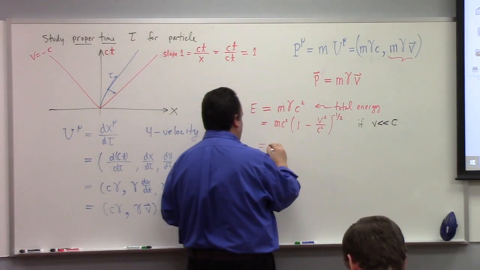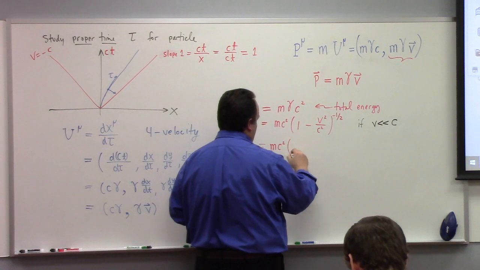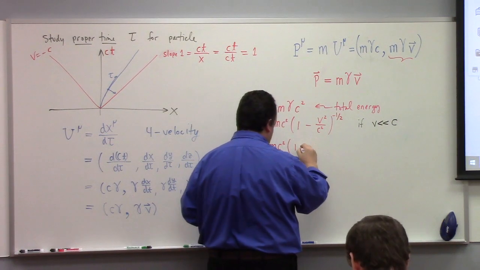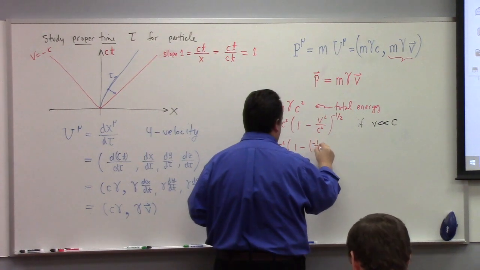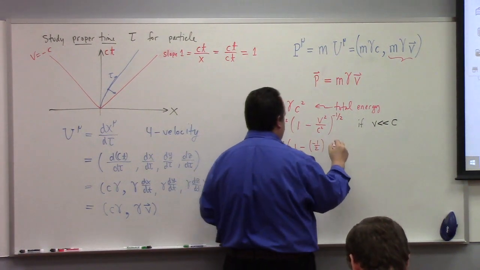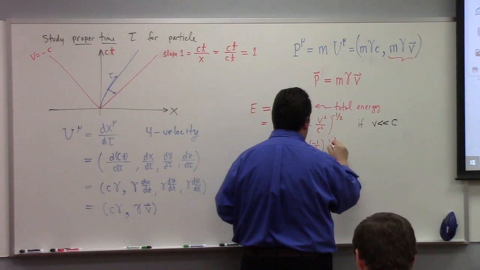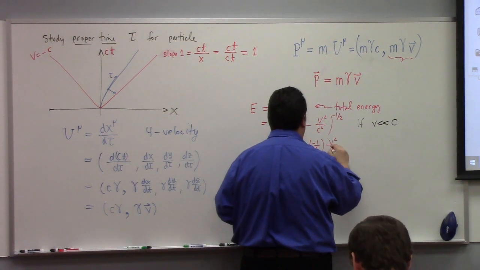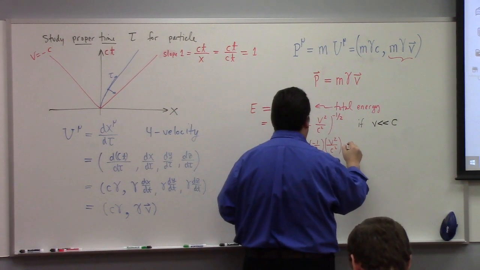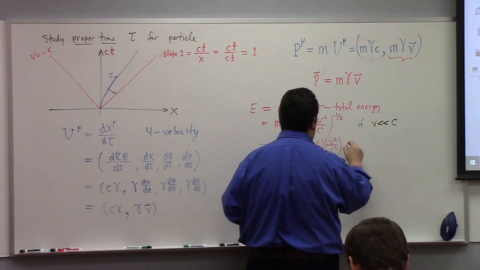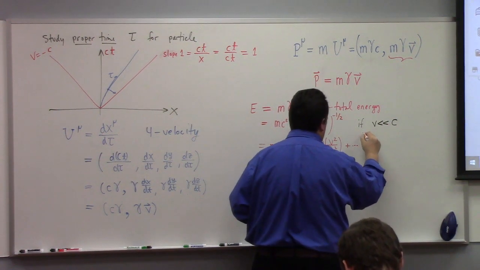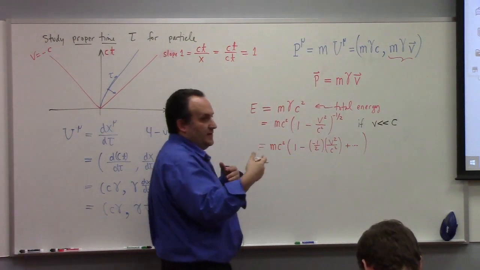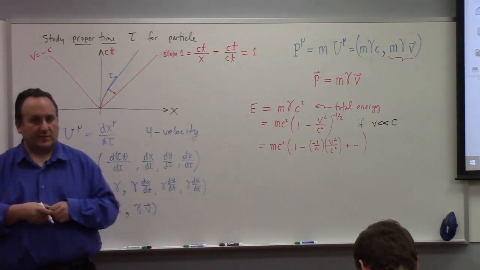In particular, we have mc squared times 1 minus minus 1/2 v squared over c squared, and then higher order stuff. The things in the dot, dot, dot involve powers of v squared over c squared.